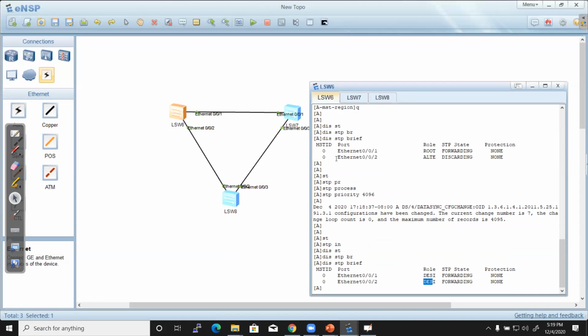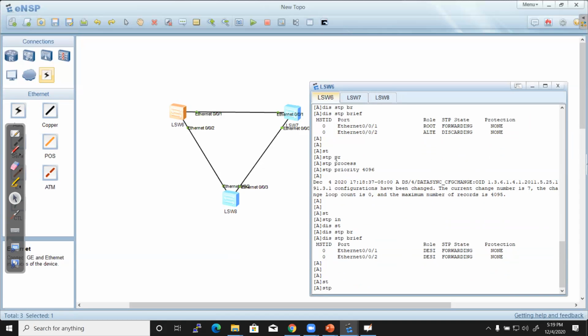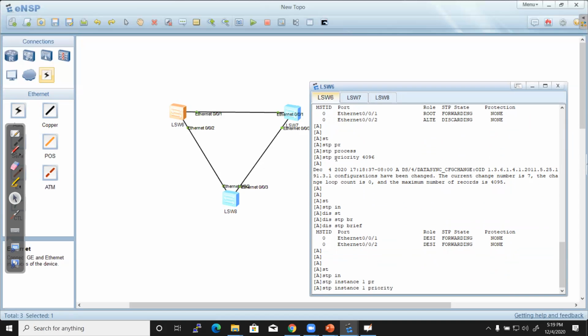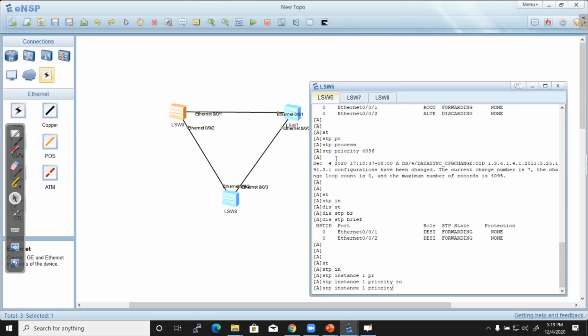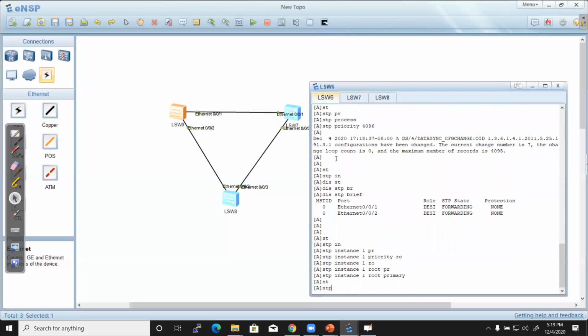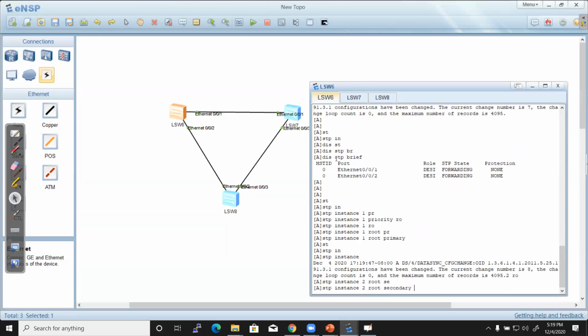Now we need to configure this switch: I'm calling STP instance 1, and I want to change the priority to root primary for instance 1, and STP instance 2 as root secondary.